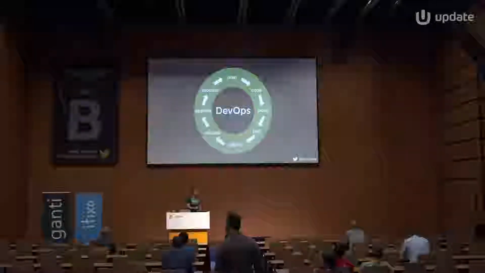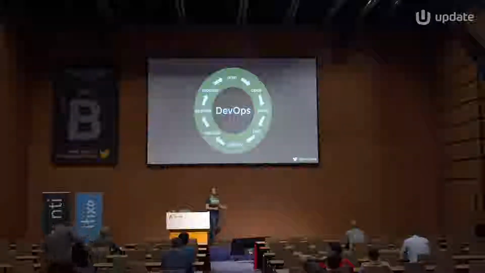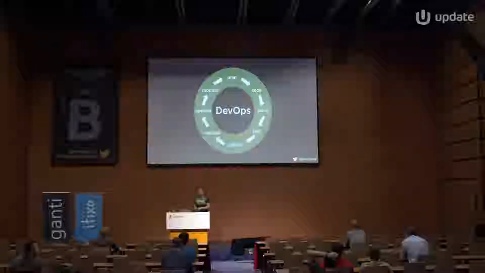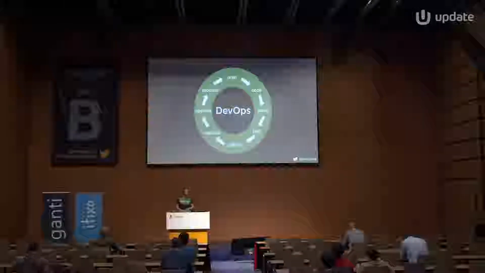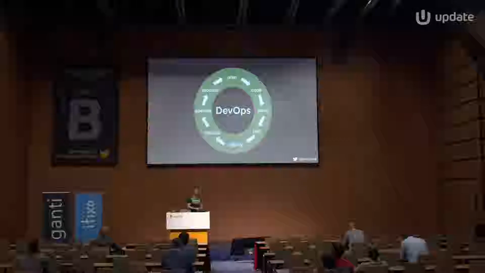So DevOps is much more about delivering value continuously to the user. You will not release every 3 months or once a year. You will deliver your apps or your software all the time.